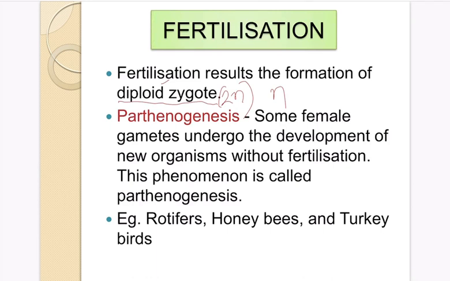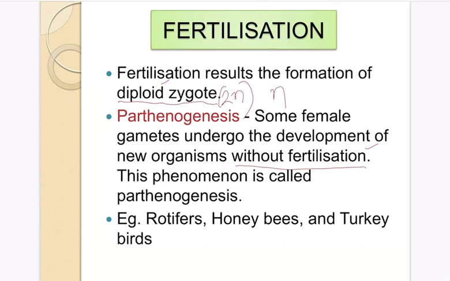We have got some exception in this category, that is parthenogenesis. What is parthenogenesis? It refers to the development of an egg into a complete individual without fertilization. Remember, what is important here is without fertilization. That means sperm is not fusing with the ovum. Ovum itself develops into an offspring. That's called parthenogenesis.